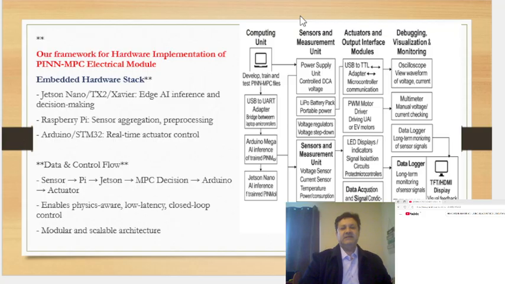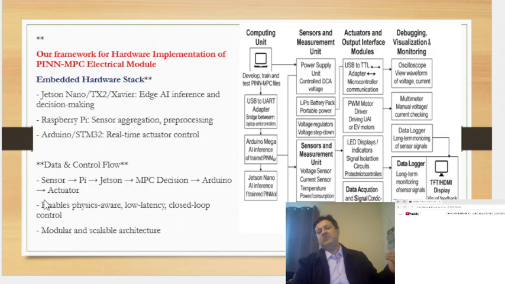From the sensors, it will move on to the Jetson, which I will show later, and it will do some model predictive decision, and then the Arduino will take care of the actuation. So this enables physics aware low latency closed loop control and a modular and scalable architecture.